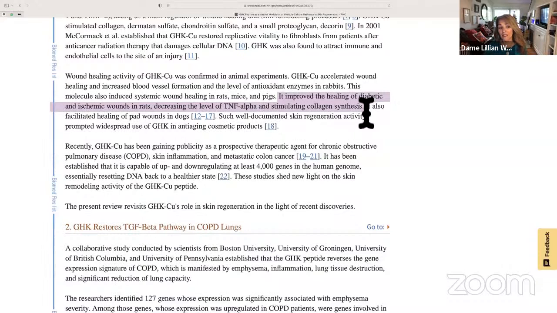It also facilitated healing of pad wounds in dogs. If you look at your dog, you'll see it has about 3 pads. In this particular case, a dog was administered GHK-Cu, and the wound healing of those pads was done more rapidly because of this.